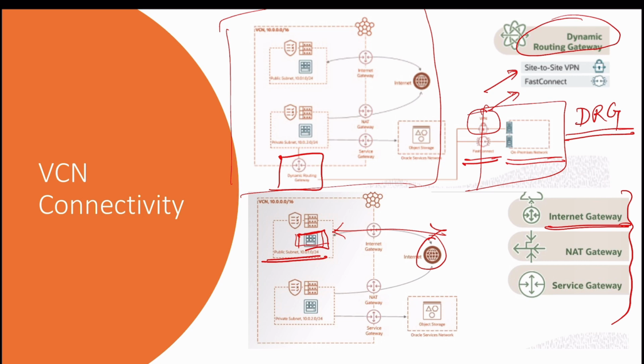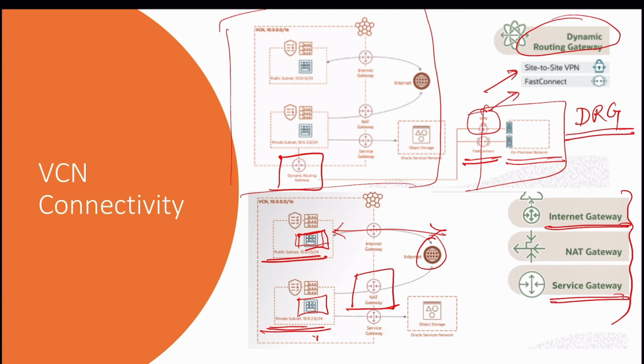Next, if our instance just needs to get updates from the internet but our traffic will not go out, that means our connection will be one-directional. In that case we will use the NAT gateway. It is normally used for patching or getting updates from the internet, and in this case our instance will be in a private subnet. Whenever our instance in a private subnet needs to use object storage or other Oracle services, in that case we will use the service gateway.